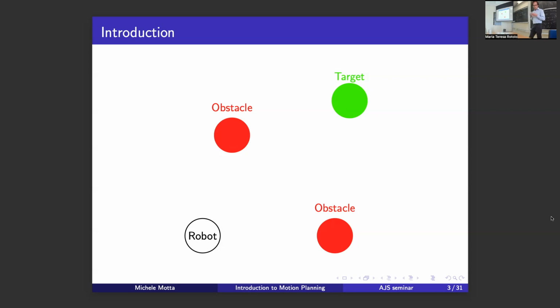But this is more general, and in the same way you can formalize the problem of moving a sofa from one room to another. The fact is that you want to move something from an initial state to some target. In this particular example on the slide, for instance, you can move up, then avoid this obstacle, and then cross the target.